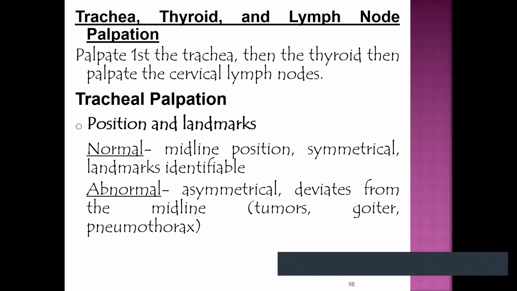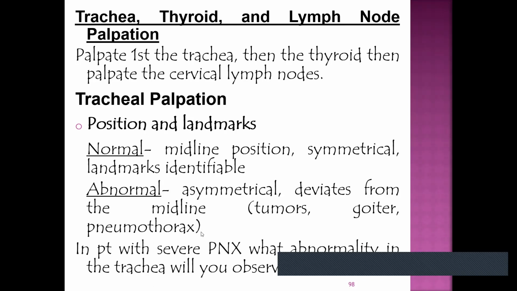In such cases, you know what a tumor looks like? It's hard. There might be a bump here, and there are goiters. Likewise, it might be tender and have a bump here, and then pneumothorax also. In terms of the symmetrical line, it's also deviated in some, but it's not observable all the time, so you have to check other body parts later on.